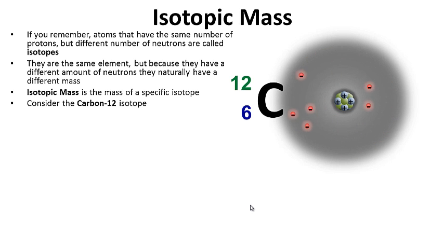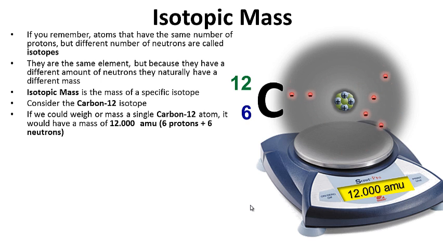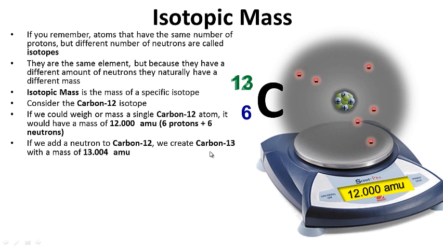So consider the carbon-12 isotope here, for example. If we could weigh or mass a single carbon-12 atom, it would have a mass of about 12 AMU, 6 protons and 6 neutrons. If we add a neutron here, notice we create the carbon-13 isotope with a mass of 13.004 AMU.